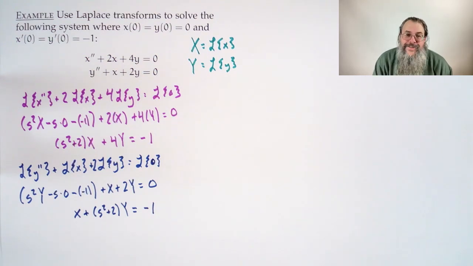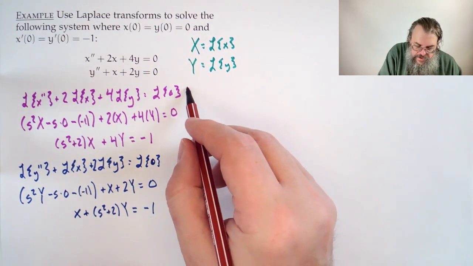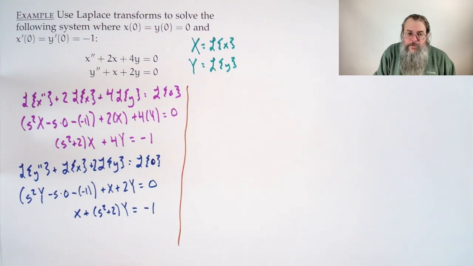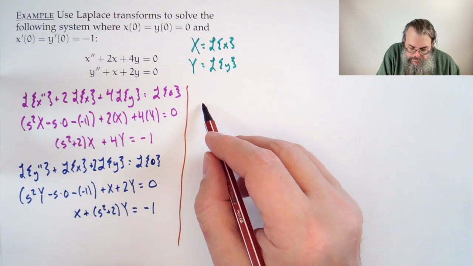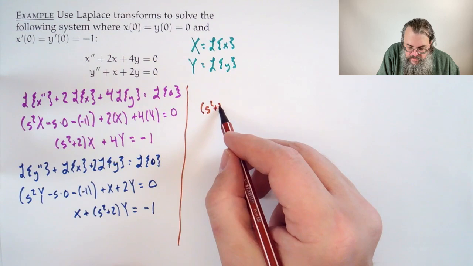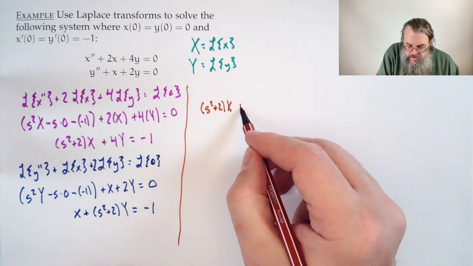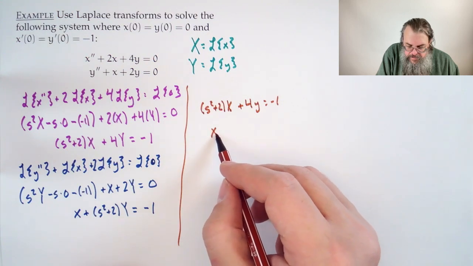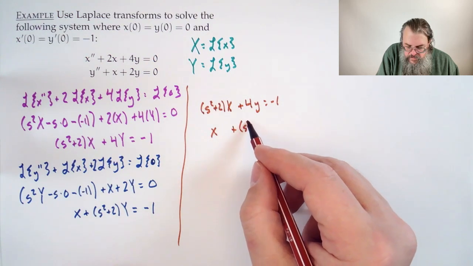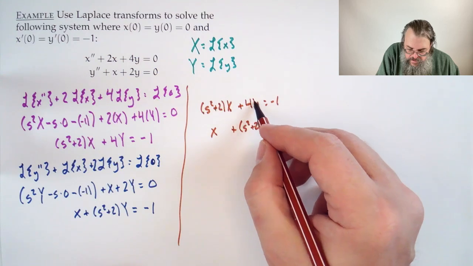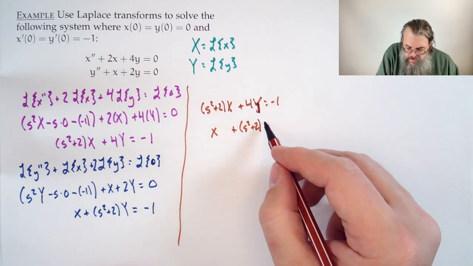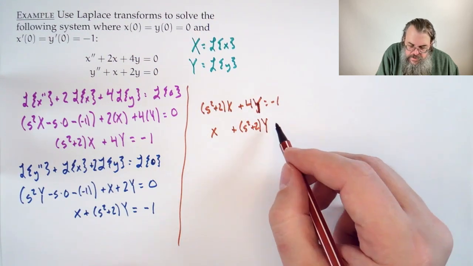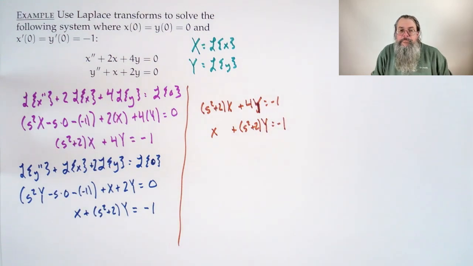Okay, so there we go. Our 2 equations and 2 unknowns. So, let's write those 2 equations, one right on top of the other. (s squared plus 2) capital X plus 4Y equals minus 1, and capital X plus (s squared plus 2) capital Y, not lowercase y, capital Y equals, again, minus 1.